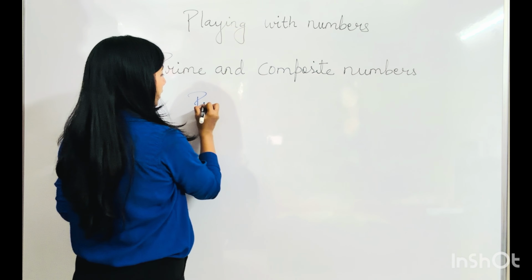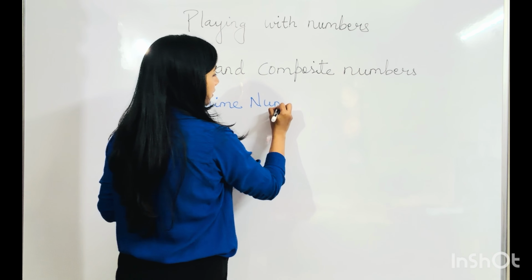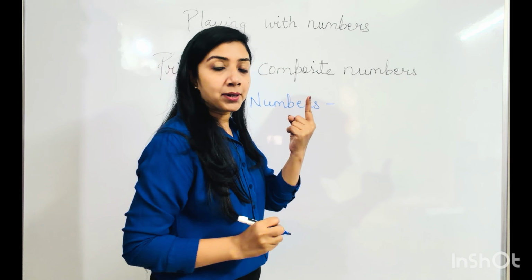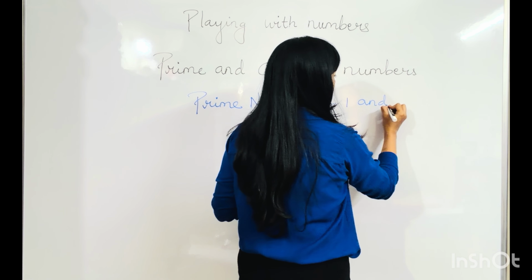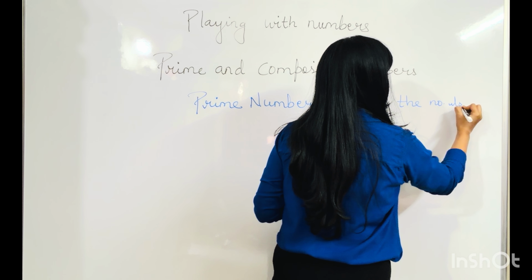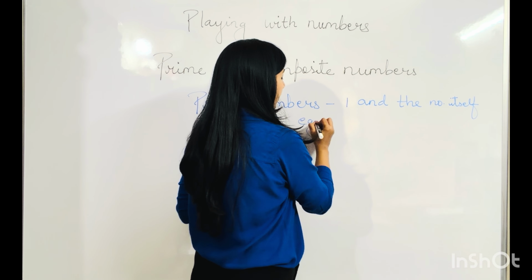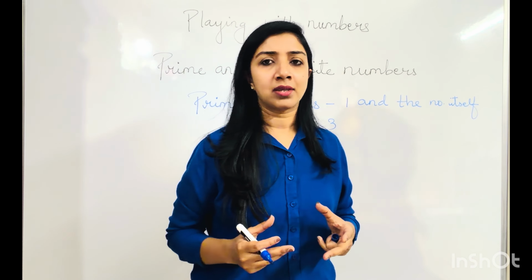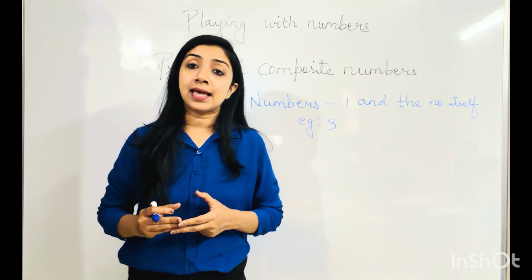Okay. Example we can take of prime numbers. They have only two factors, 1 and the number itself. Example we can say 3. Do we have any factors of 3, children? No, because 3 is not divisible by any number except 3.